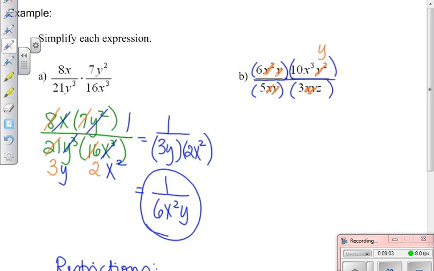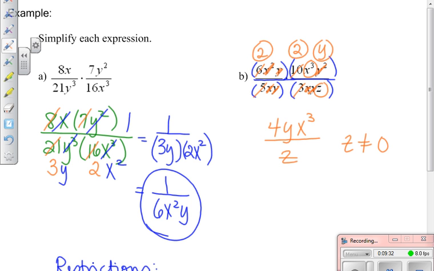I have 1z and x cubed, can't cancel. But 3 and 6 cancel, leaving 2, and 5 and 10 cancel, leaving 2. Be very careful and very neat with your handwriting so that you don't forget one of those. When I clean it up at this point, I have 4y x cubed all over z. What are my restrictions? Z is my only variable, so we say z cannot be 0.